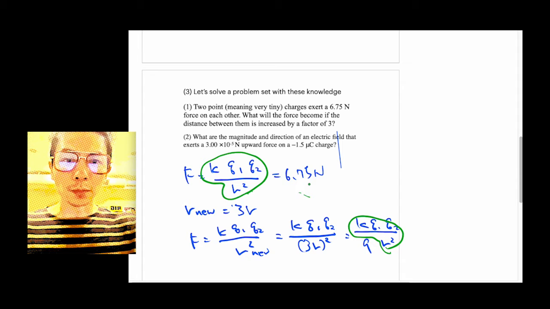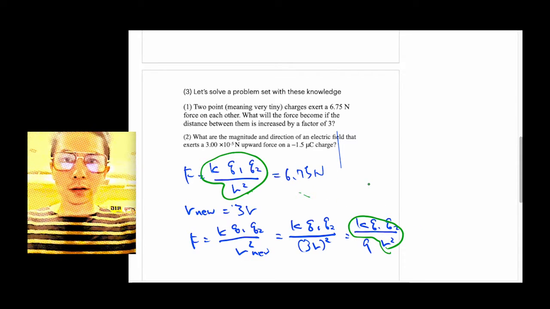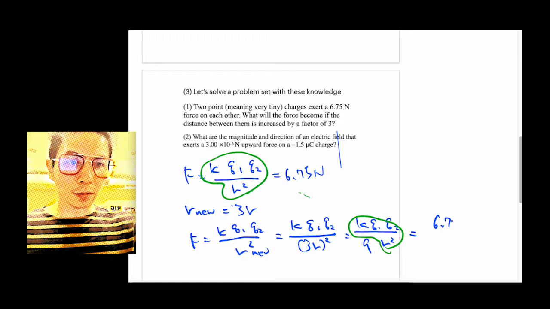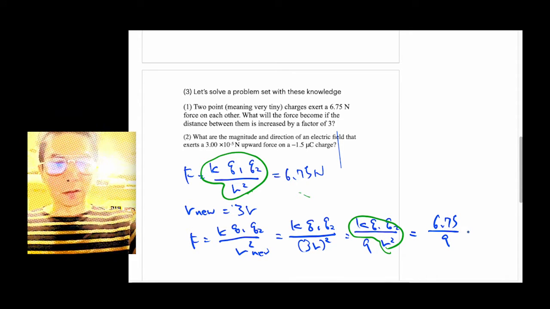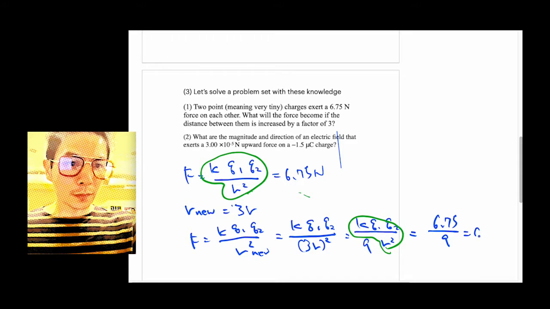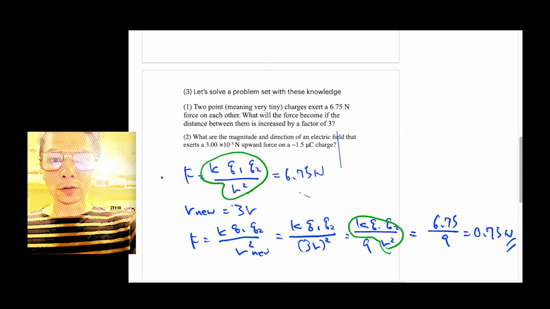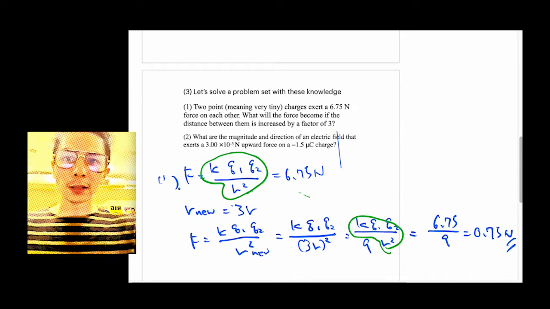So basically you can plug this value in here. This is going to be 6.75 divided by 9. If you do this calculation, you get 0.75 Newton. So this is the answer for problem 1.